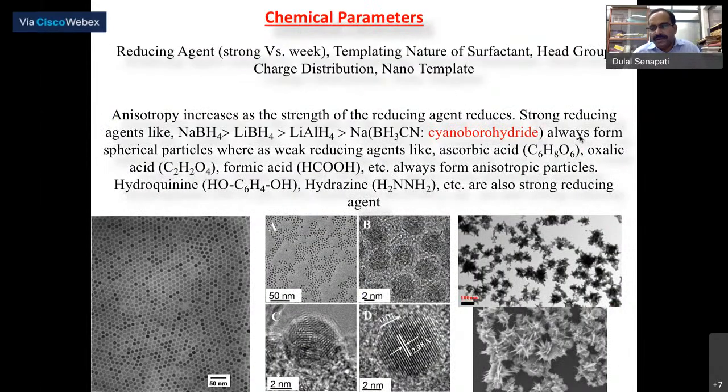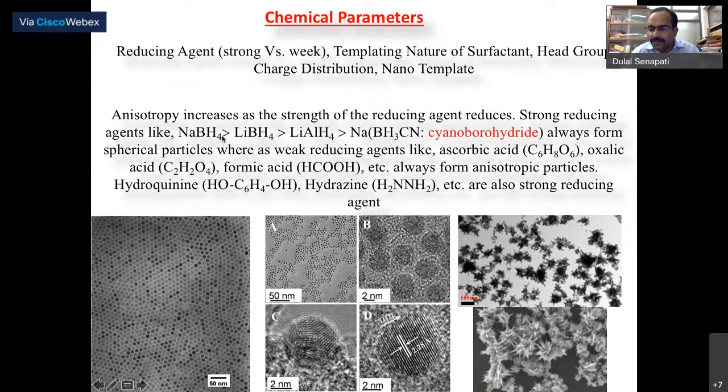So let's go one by one. First I'll describe the chemical parameters. Out of several chemical parameters, the most effective one which controls the shape of a nanomaterial is the reducing agent. As you know, the reducing agent could be a weak reducing agent or a strong reducing agent. So the strong reducing agents, what are those?